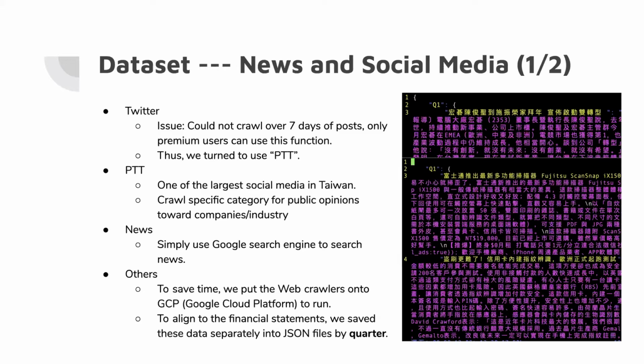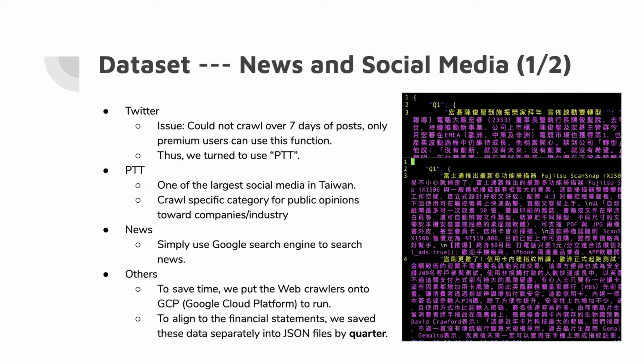And then here comes the news. This part is simple. We simply use the Google search engine and press the news button, and then we can find many news posts.